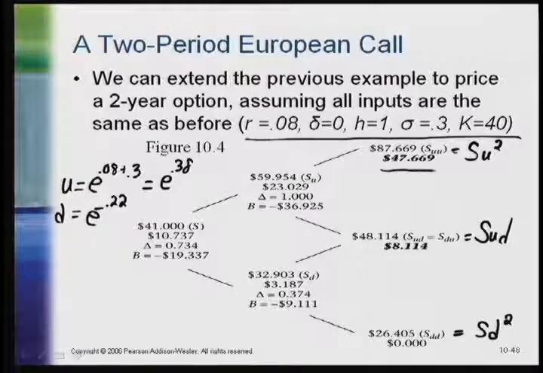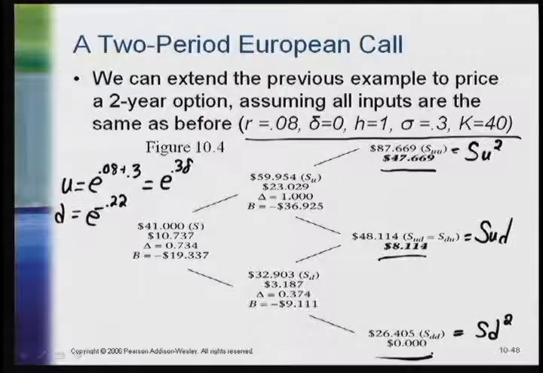These are apparent. When the stock is worth 87 at expiry, its exercise value is 47 and change. When the stock is worth 48.11, its exercise value is 8.11. And when the stock is worth 26, the exercise of the call is worth 0.